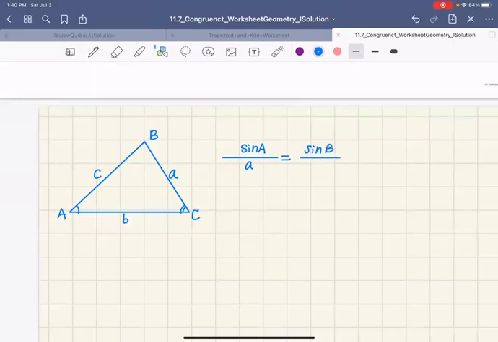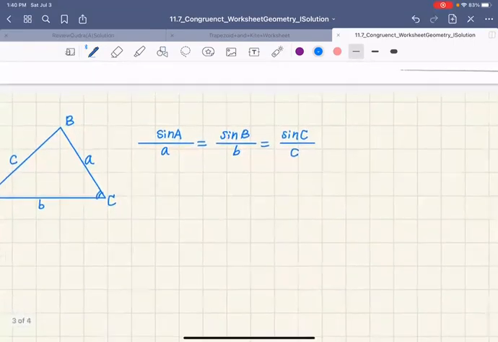By the time you learn pre-calculus, we will learn there are two laws. This is the law of sine, and there's another called the law of cosine.